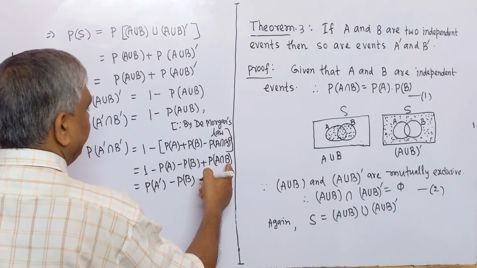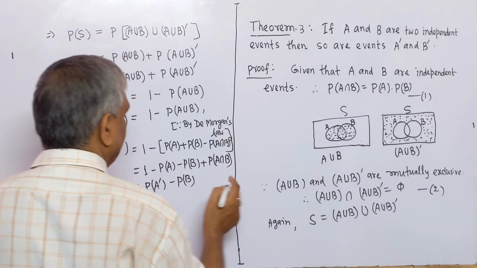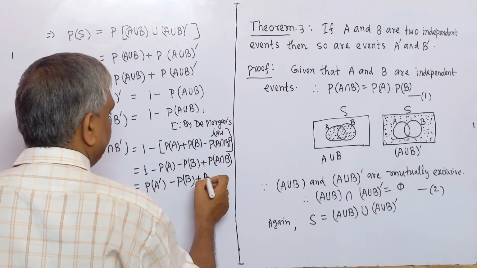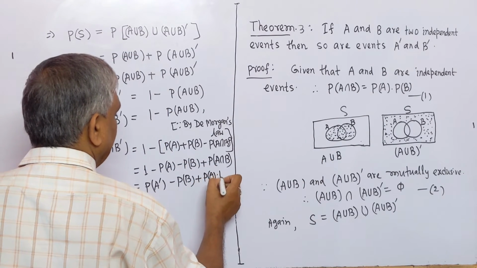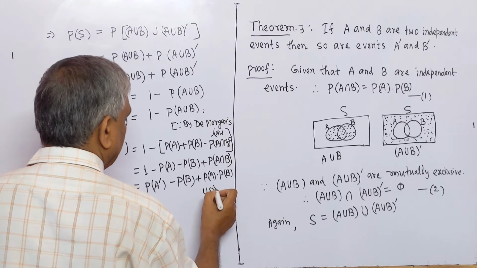Here A and B are independent events. Therefore, using 1, we get here PA multiply PB.